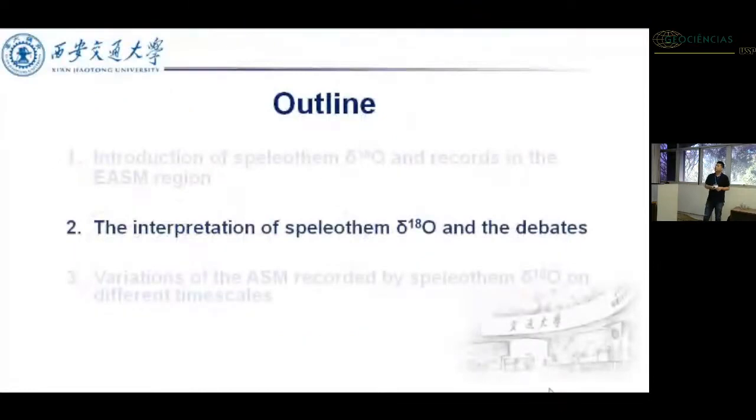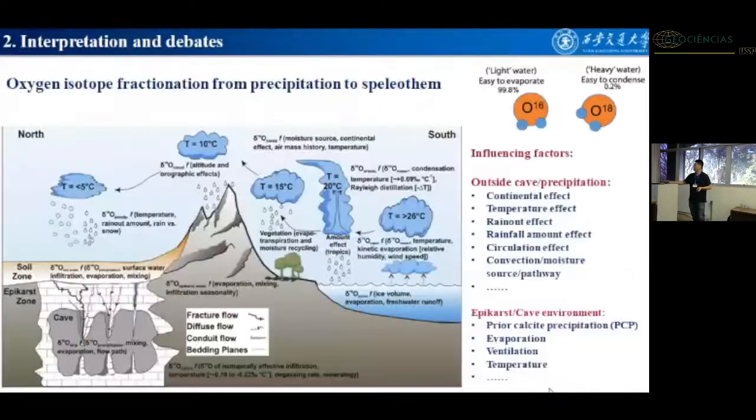Okay, the second part is about the interpretation of delta O18 and the debates, especially in the East Asian summer monsoon region. As we know, there are many influencing factors for oxygen isotope fractionation from precipitation to speleothem. On the large scale, precipitation delta O18 can be controlled by the continental effect: far from the ocean, the precipitation delta O18 is lower.